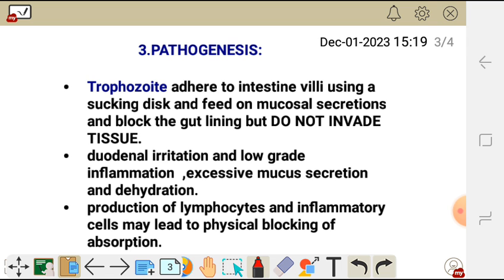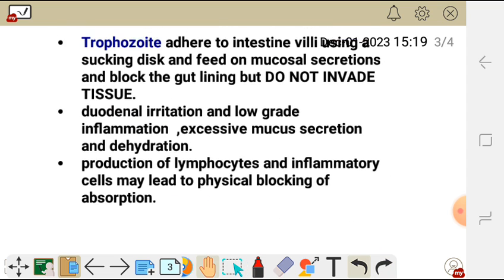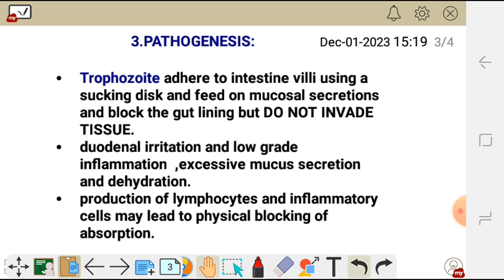Okay, so now after the trophozoite has attached to the gut lining, the duodenum will be irritated, and that will result in a low-grade inflammation. Since this trophozoite feeds on intestinal secretions, we are going to observe excessive mucus secretion, which will result in dehydration.